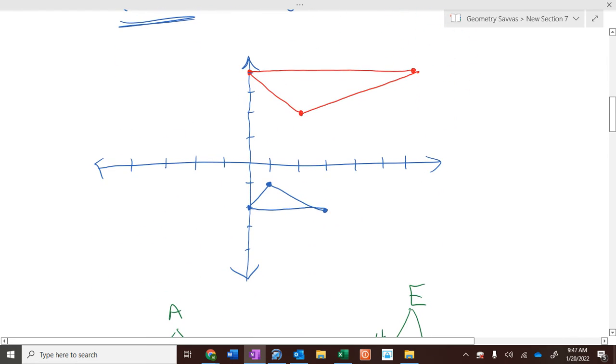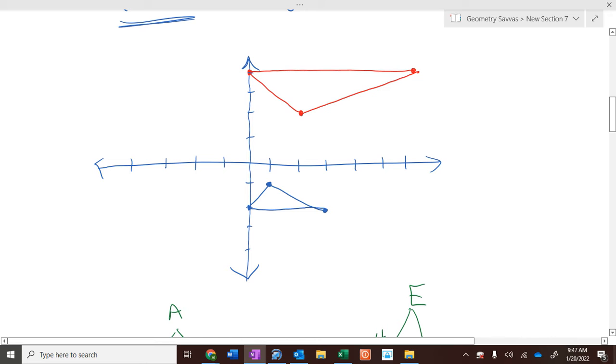All right. For this, how do we go from the blue to the red? It's a similarity transformation. Is it a translation, then dilation? Is it a rotation, then dilation?